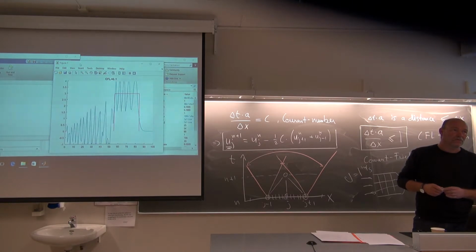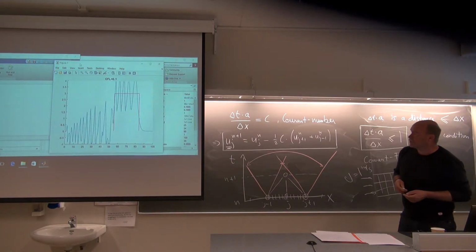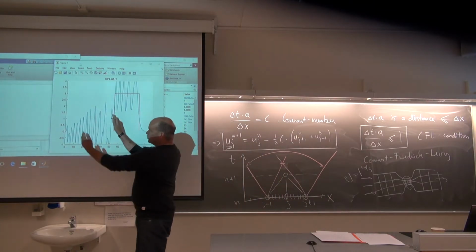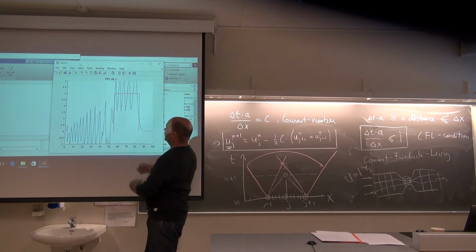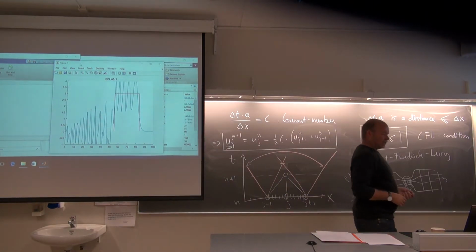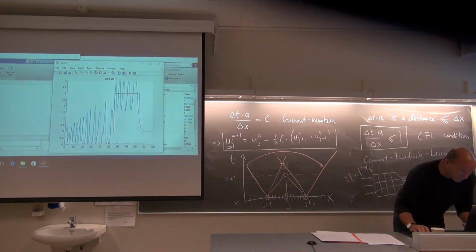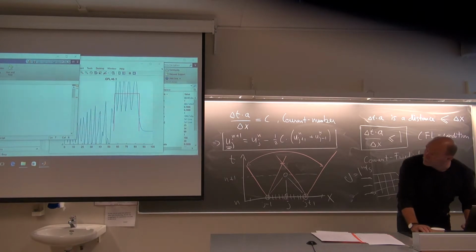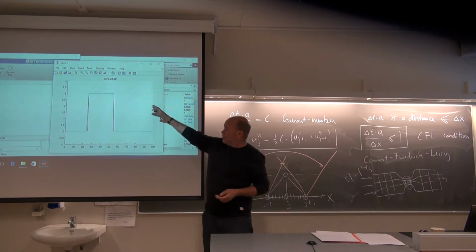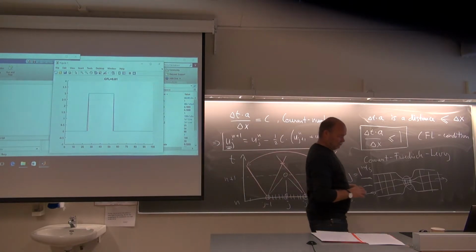Doesn't look good. Because the correct solution here should have been my initial signal, this square, should just move undisturbed. Instead we get all this noise. So something is fishy here. And now if we try with a smaller time step, and then again, now the CFL is 0.01.